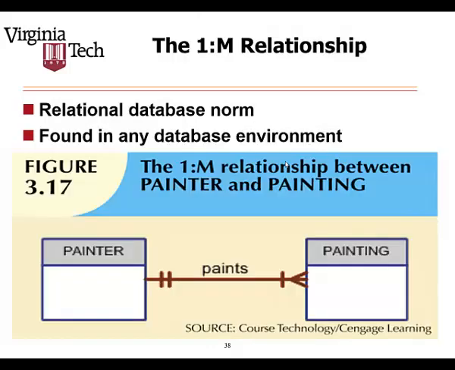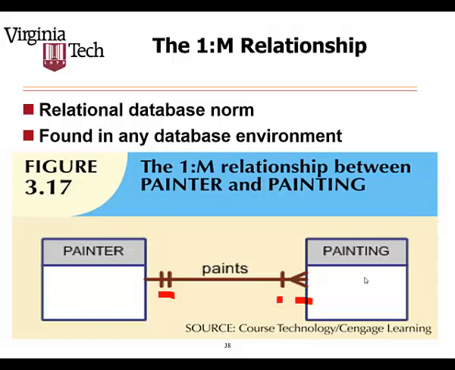All right, so this is the bread and butter. One instance of painter paints one or many instances of painting. One instance of painting is painted by one and only one painter. Does that make sense? A painter paints many paintings. So we take the key of painter and make it a foreign key in painting. A painting is painted by one and only one painter. That makes sense.